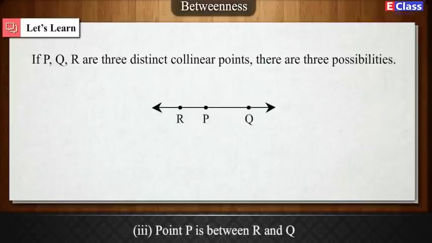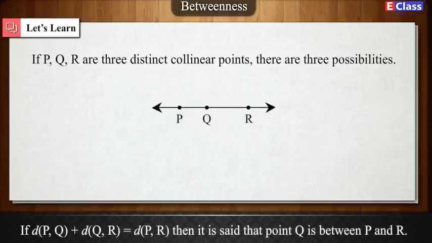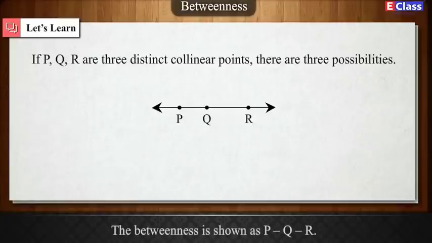Point P is between R and Q. If d(PQ) plus d(QR) is equal to d(PR), then it is said that point Q is between P and R. The betweenness is shown as P-Q-R.